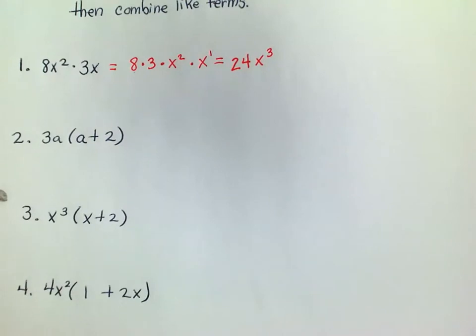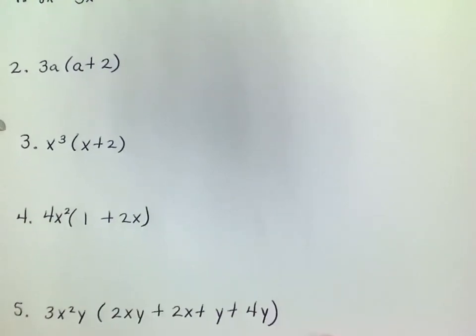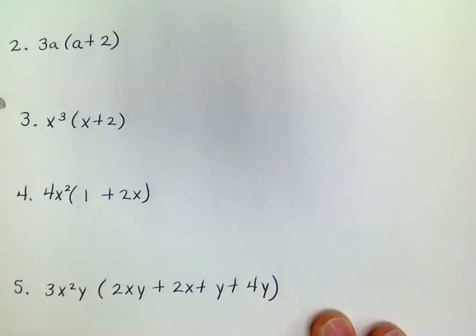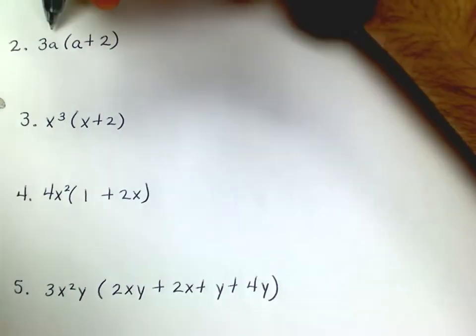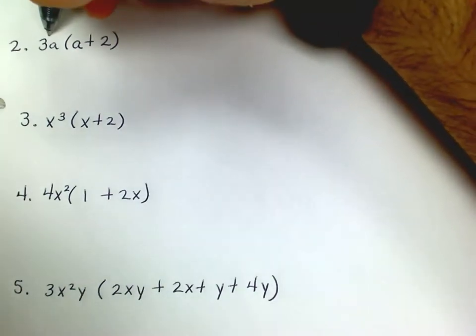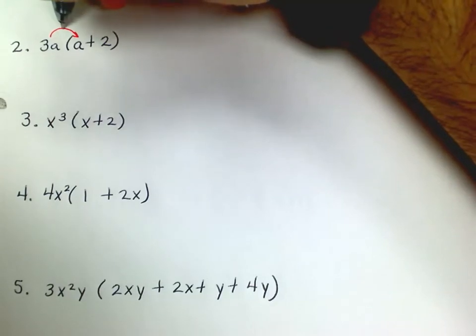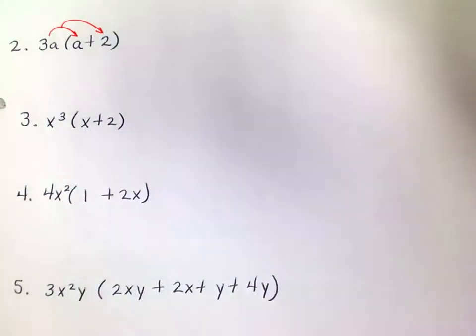Okay, for example 2, we have 3a times the quantity a plus 2. And for this, we want to use the distributive property. We want to take this 3a and multiply it by everything else inside the parentheses.